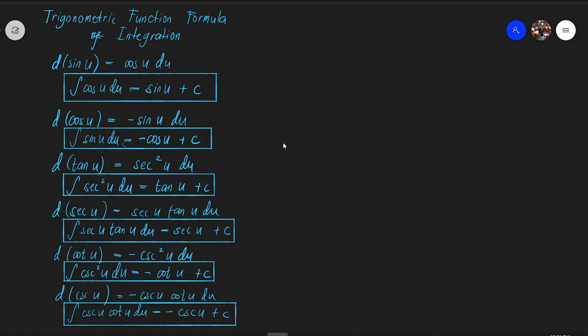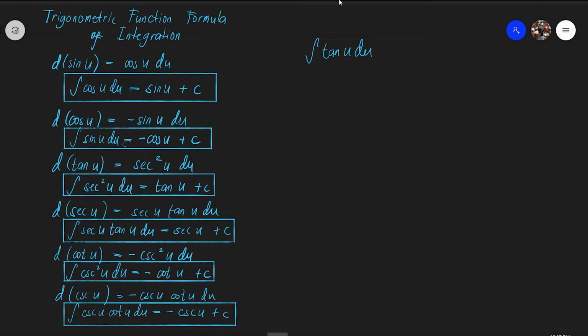Now, aside from these formulas, we also have formulas for trigonometric functions that are derived by applying the logarithmic function formula of integration. A good example of this is the integral of tangent u du.